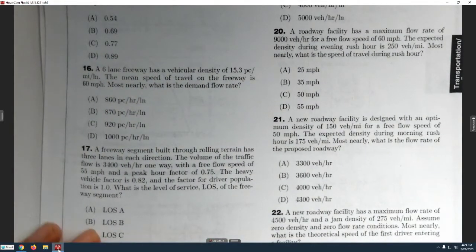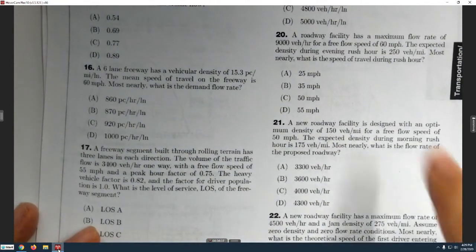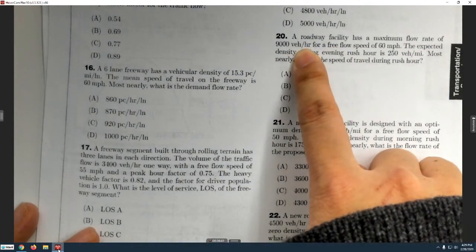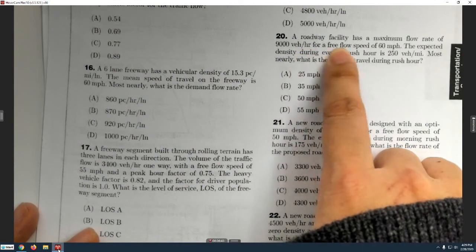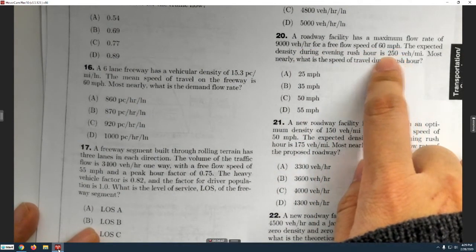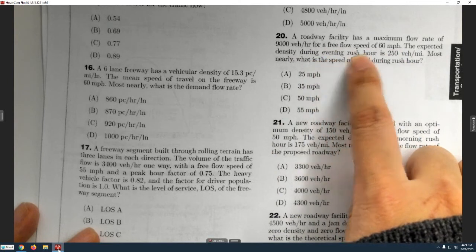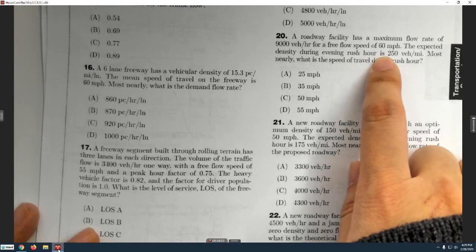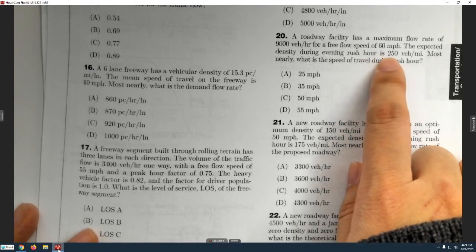20. Maximum flow rate is given. Again, whenever you see maximum flow rate, it is jam density times free flow speed divided by 4. And then free flow speed is given. And the expected density during evening rush hour is 250.